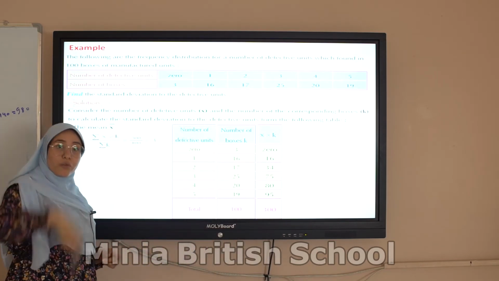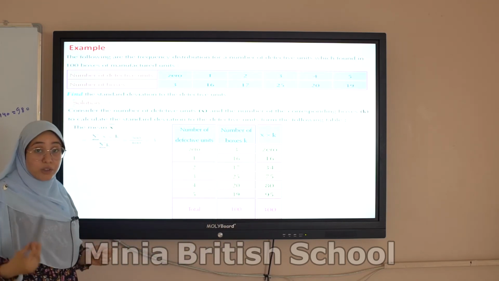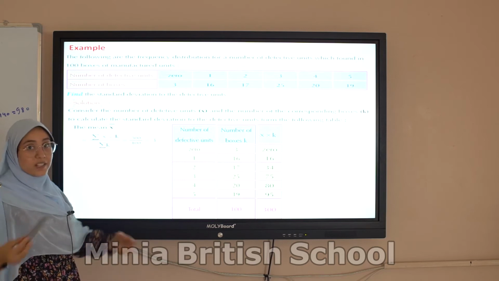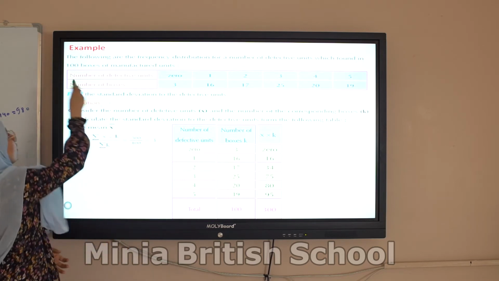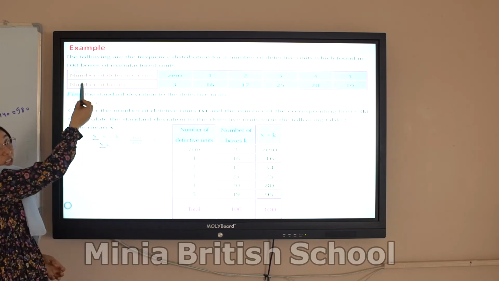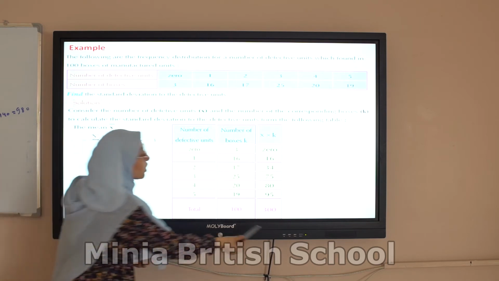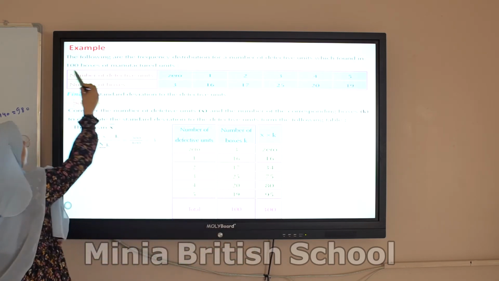The summation equals 300, and the summation of the frequency is 100 boxes, from the question. So x bar equals 300 divided by 100.